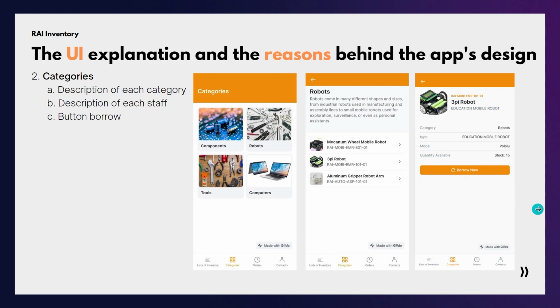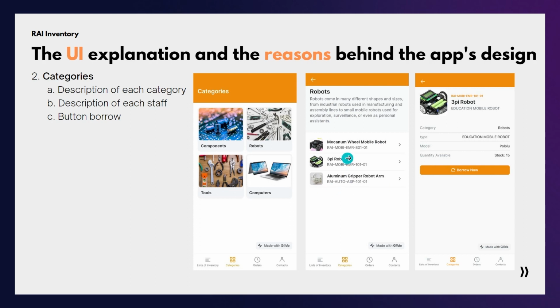And categories. In the categories, there are descriptions of each category, descriptions of each stuff, and a button to borrow. As you can see here, this is the button that you can click to insert information to borrow. If you click, for example, the robot card, the page will jump to the robot description and provide the list of items in the robot section.